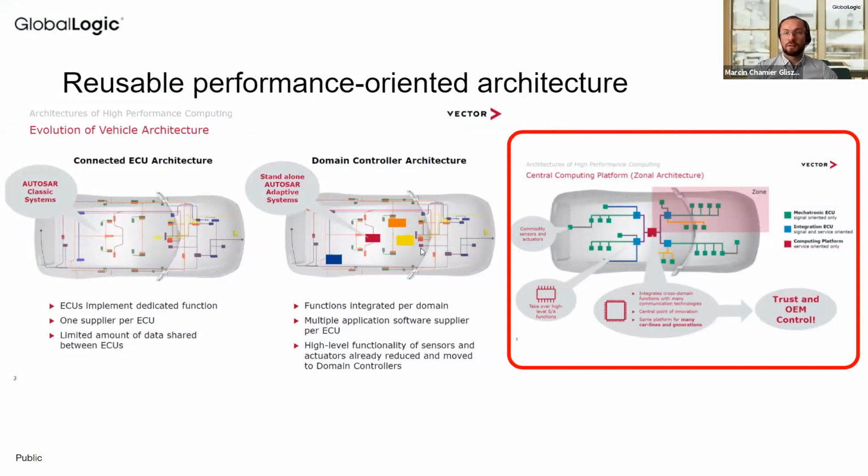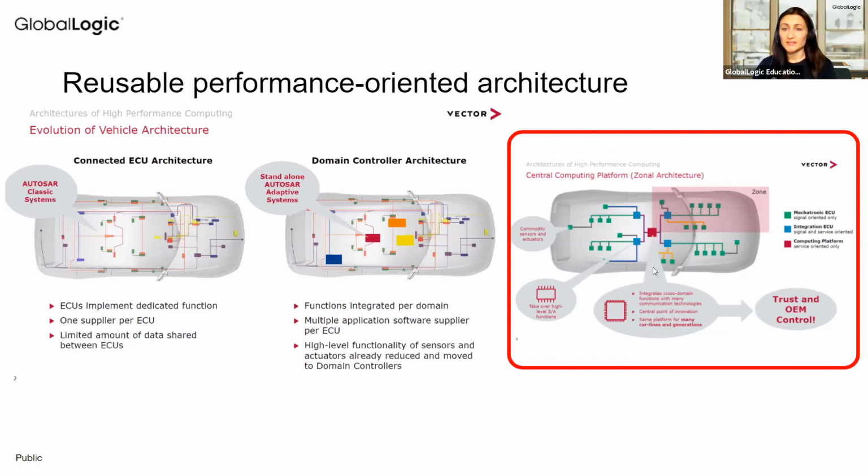And in the future zone architecture, we will have the ECUs running AUTOSAR classic platform, connected to the servos and the sensors. And all the other ECUs will be connected to each other through the switches and the central computing platform, so the brain of the car.